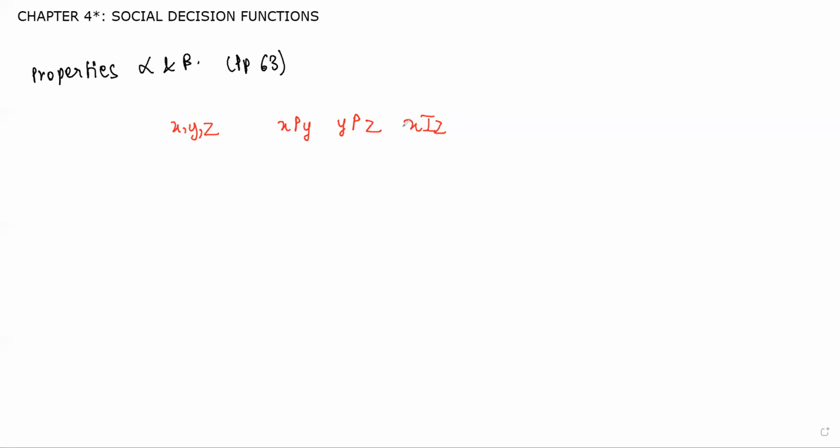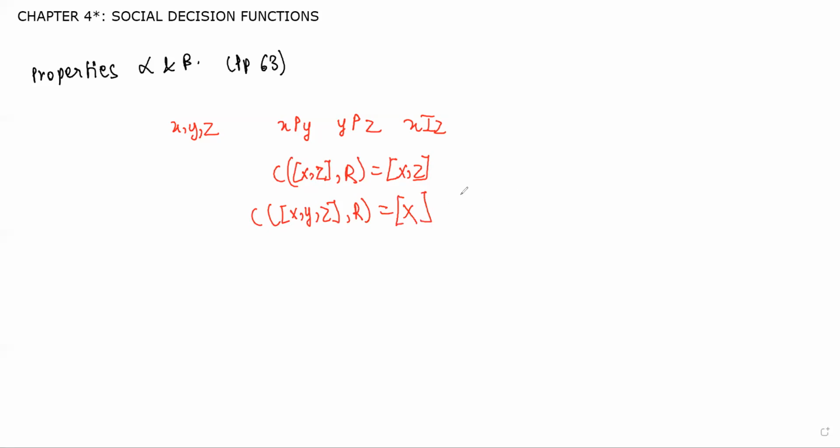So now let's look at the problem. You see, choice functions are still defined. So if you look at the choice function over the set {x, z} using R, we get the whole set. But if you have the choice function over this larger set, then you get only x.